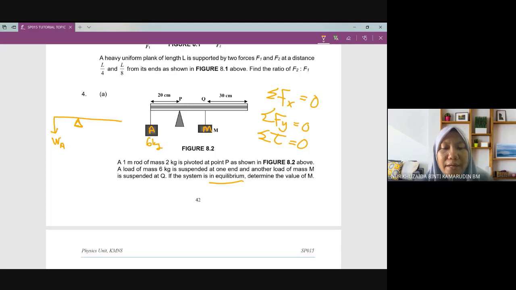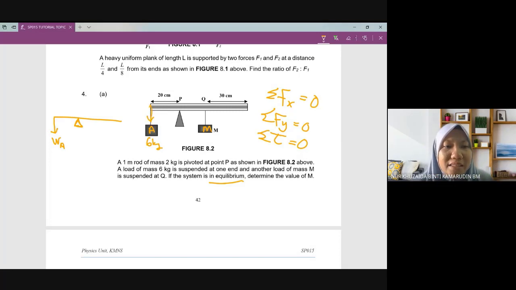Okay, yang ni dengar betul-betul dengan baik, saya nak explain sikit. We have tali dekat sini, maksudnya the exact force apply on the rod is tension. So sepatutnya kita ada tension lah dekat sini.